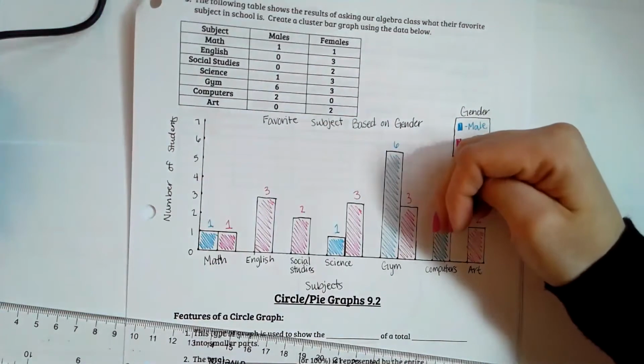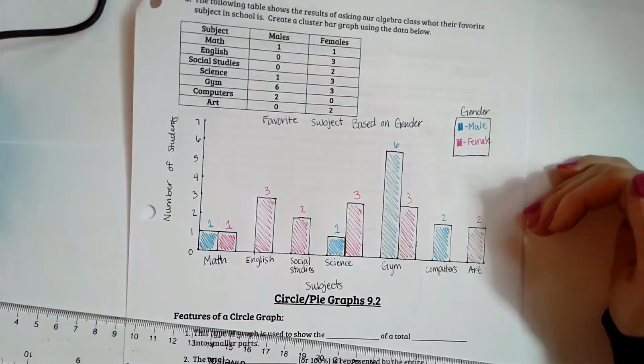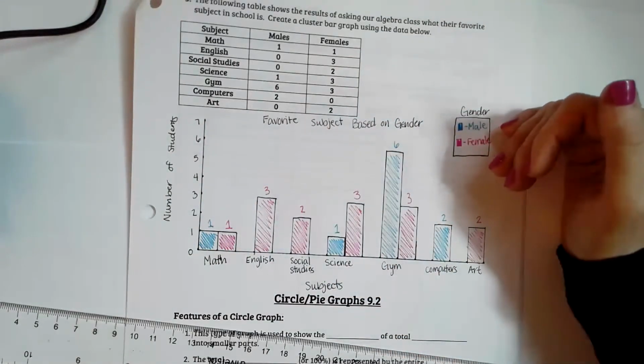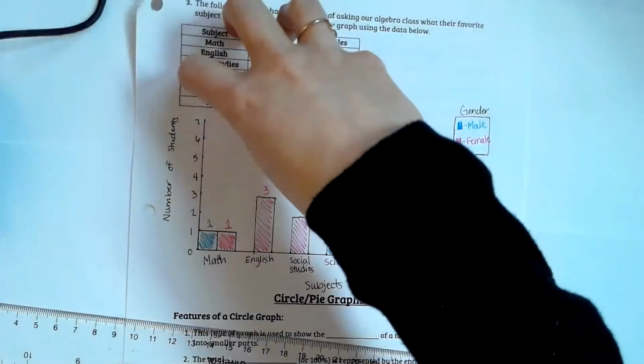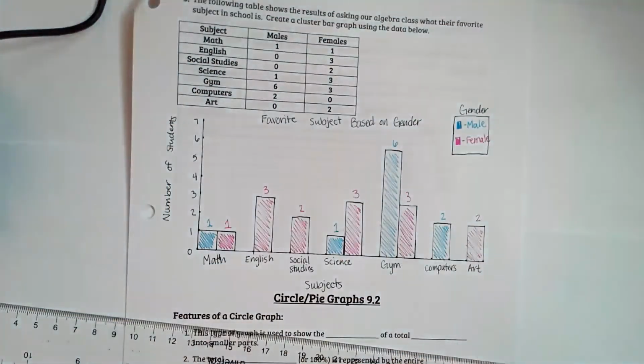So you could also do it that way. So when you're going through your homework and it's not as distinct as this, if you flip-flop it, just know that that's okay, because you could interpret it a different way.